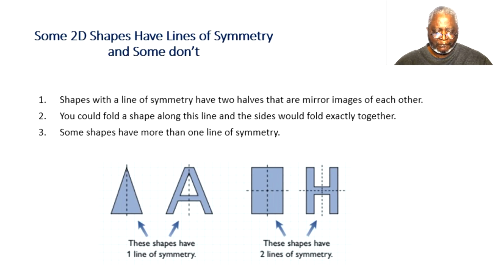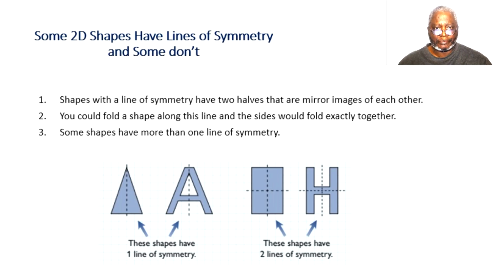Some shapes have more than one line of symmetry, as you can see on the board. An isosceles triangle has one line of symmetry. The capital A has one line of symmetry, but a rectangle has two lines of symmetry, and a capital H also has two lines of symmetry.